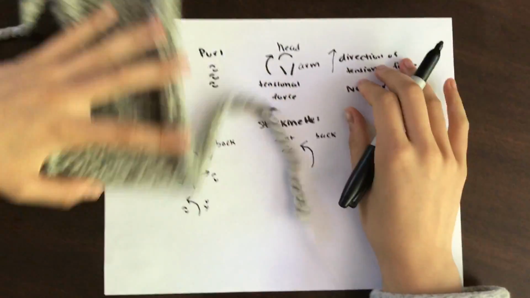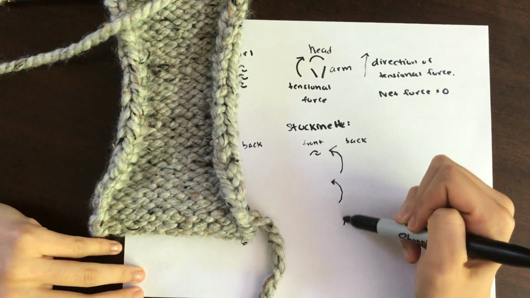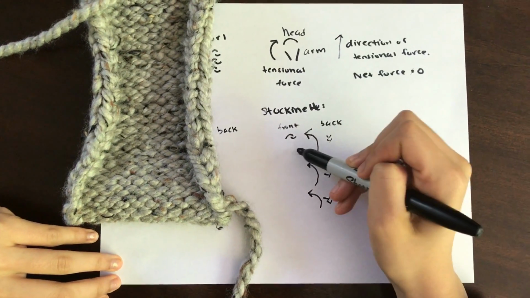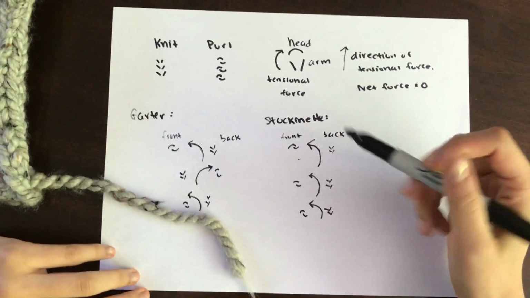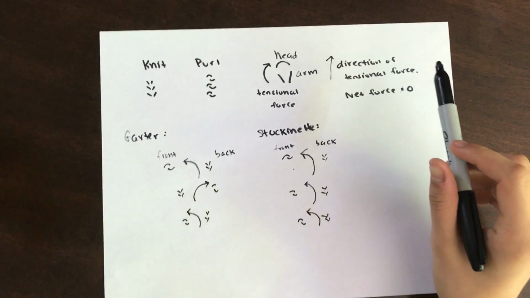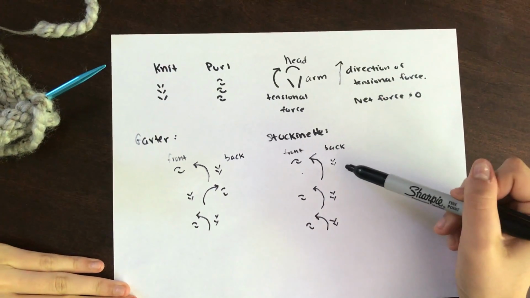So if this were the front, then the tension would look like this. All of the tension is being pulled towards one side, and we can see a curling happening because there's no tension to pull it this way.